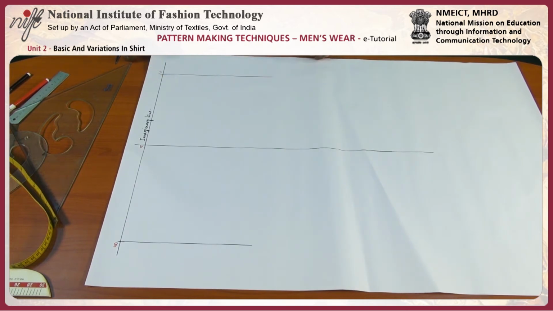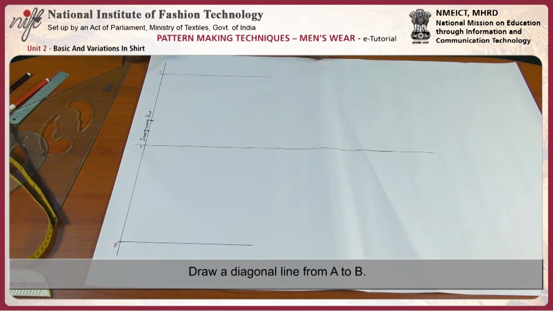Now measure half armhole circumference on the measuring tape and mark point D diagonal to point A on the place where the tape intersects the parallel line.